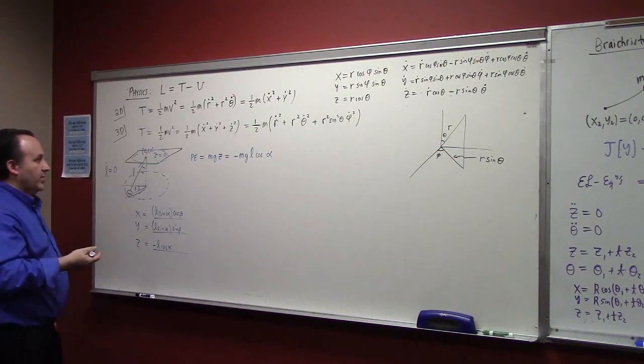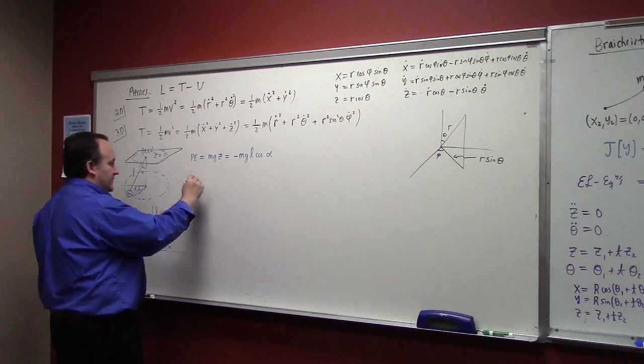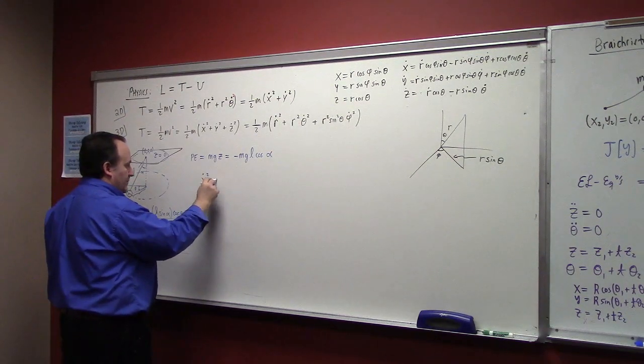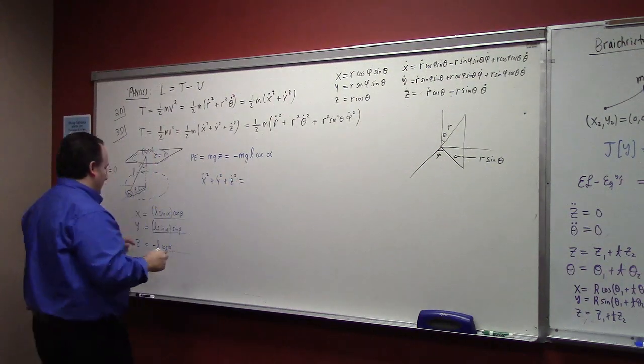So then I do x dot squared plus y dot squared plus z dot squared. And how does that go?